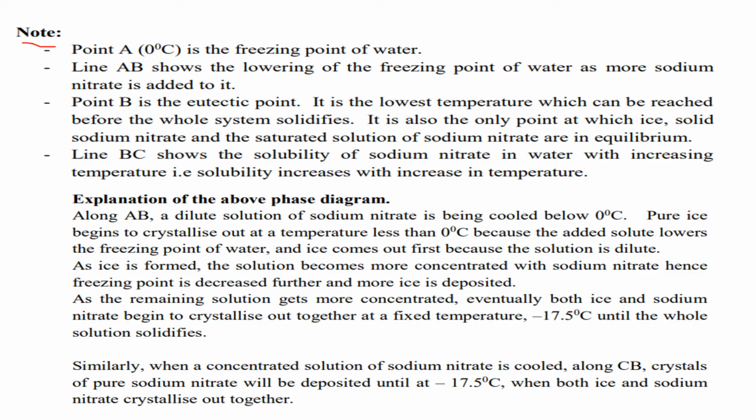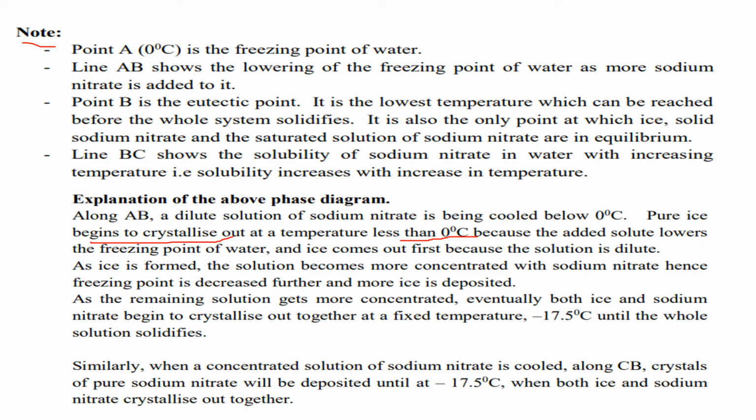So that's what explains curve AB. So that's why we are saying along AB, a dilute solution of sodium nitrate is being cooled below 0 degrees Celsius. And we are saying that pure ice begins to crystallize out at a temperature less than 0 degrees Celsius.